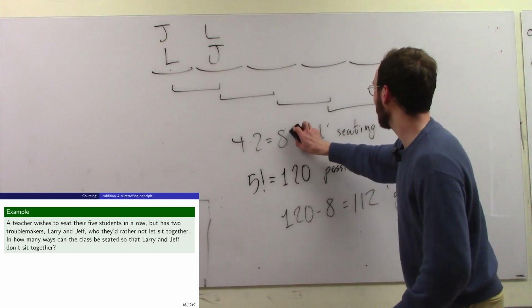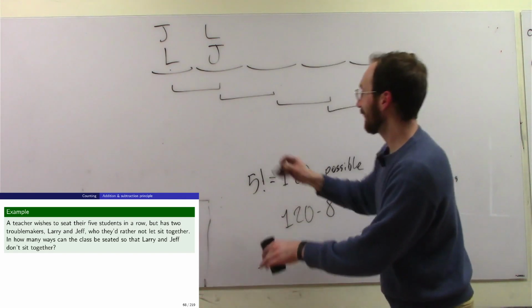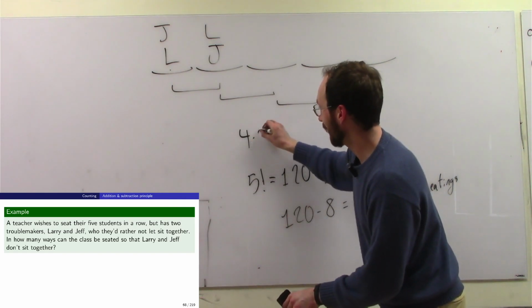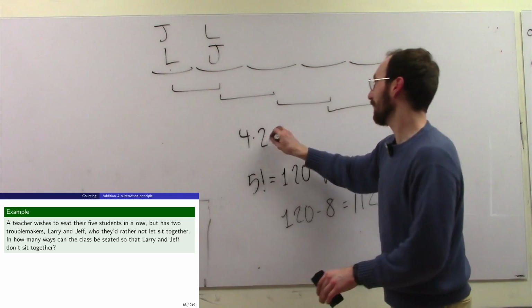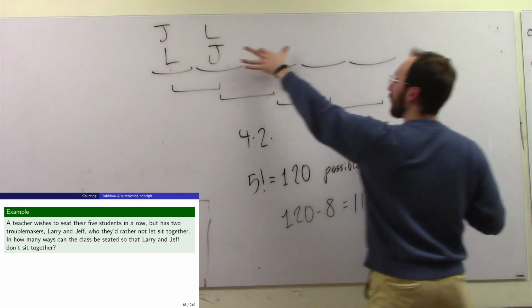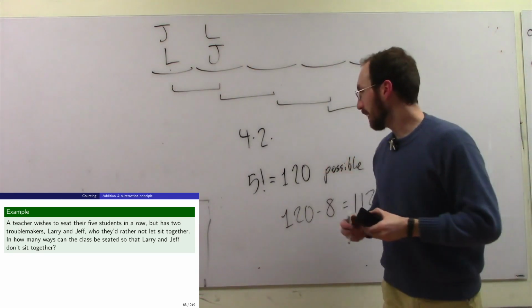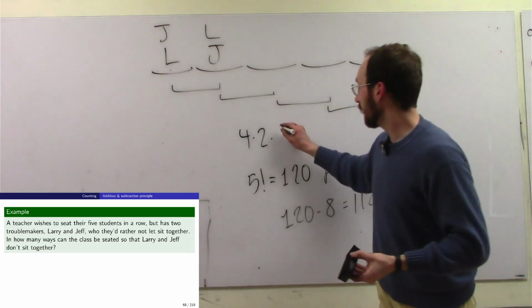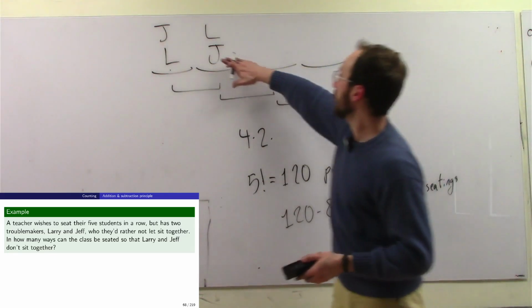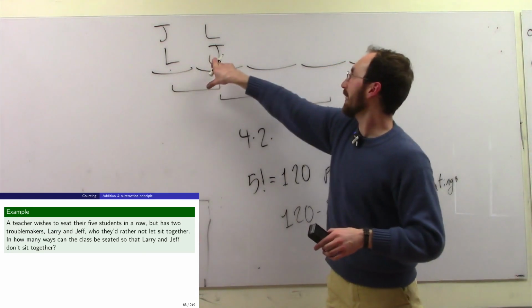Okay, let me just erase this. Thank you, audience member, for that. Now, whoever else is remaining, we can sit them in any permutation. Let's just say Larry and Jeff are sitting right here.